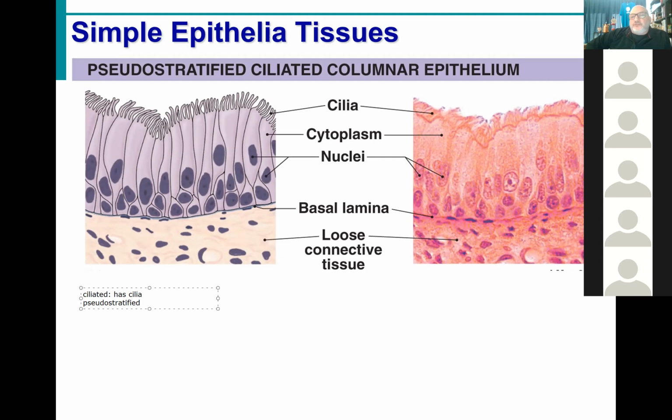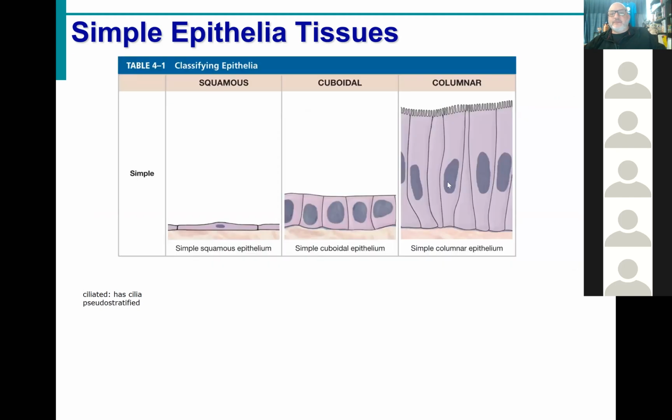So notice this is a pseudostratified. It looks stratified. Let's jump back for a second and look at the simple columnar. Notice with the simple columnar, one of the ways you'll easily identify simple columnar is that all the cells are similar in size and length, and all the nuclei line up like ducks in a row. It's very, very uniform.